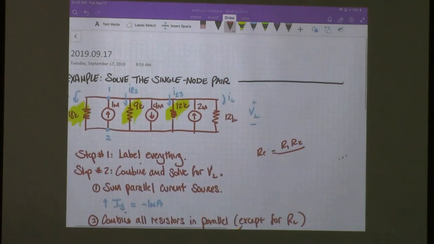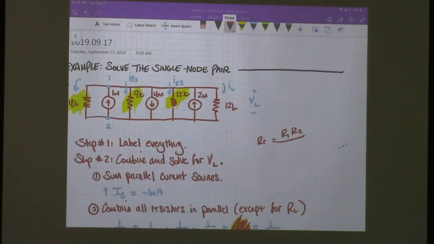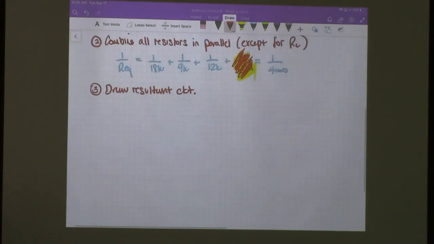And the reason why we did it that way is because it'll make it easier to find out what IL is. It allows us to keep some of the resolution.